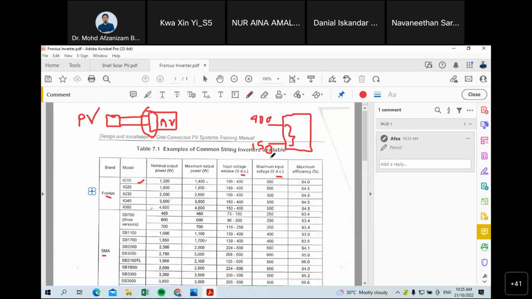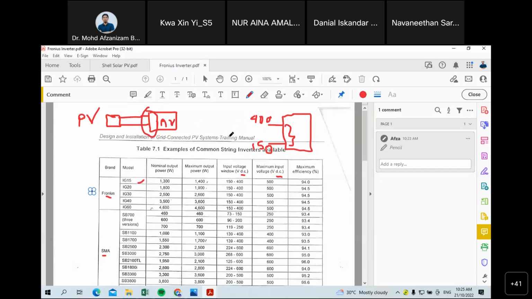That's the crucial part, because let's say we arrange our 10 modules just now, and some of it may exceed or be lower than 150, then your PV will not function, because you are using the wrong inverter sizing perhaps, or you are wrongly sizing your PV, which does not fit the allowable window range of your inverter.